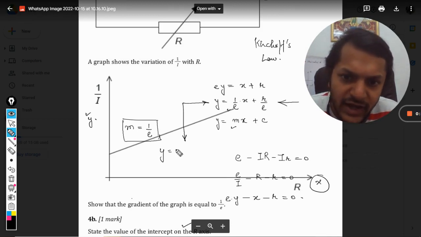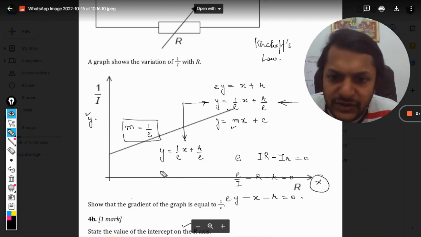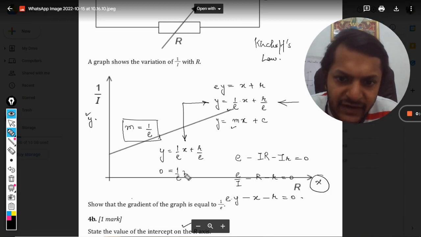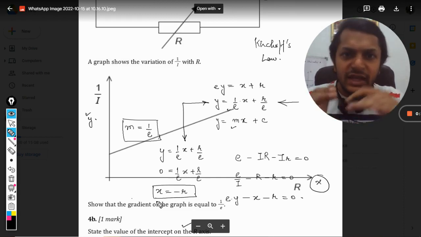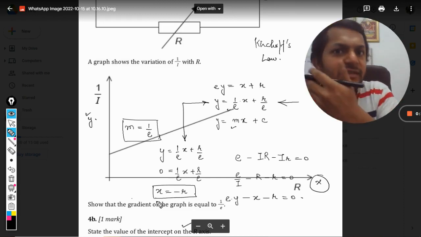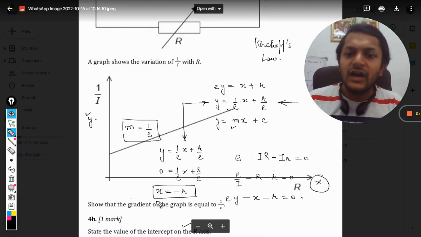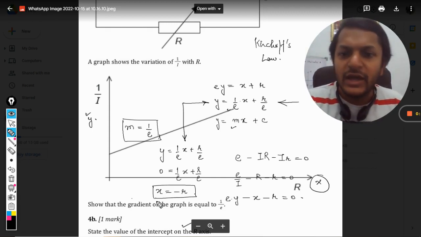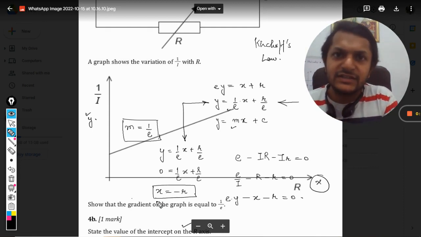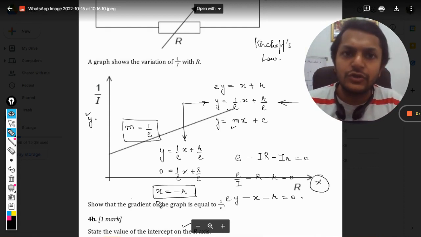So y is equal to 1 by E x plus r by E. We substitute y as 0 and we find the value of x. So x is coming out to be equal to minus r. So that will be the intercept on the x-axis. If you want the intercept on the y-axis, you can do it the other way: substitute the value of x as 0 and find the value of y. So this is your solution. All the best.